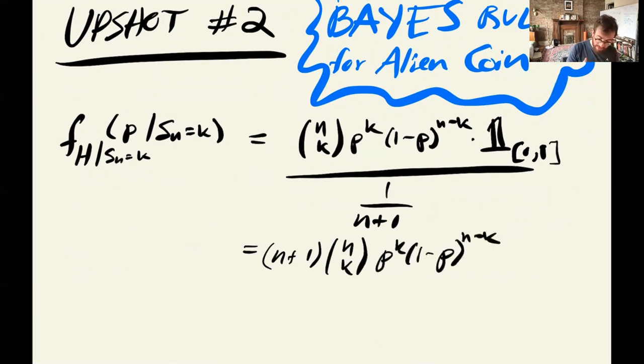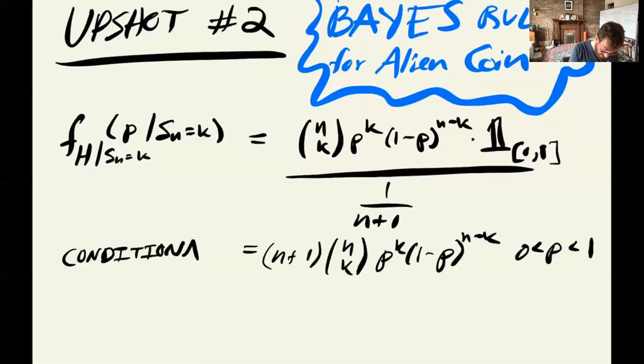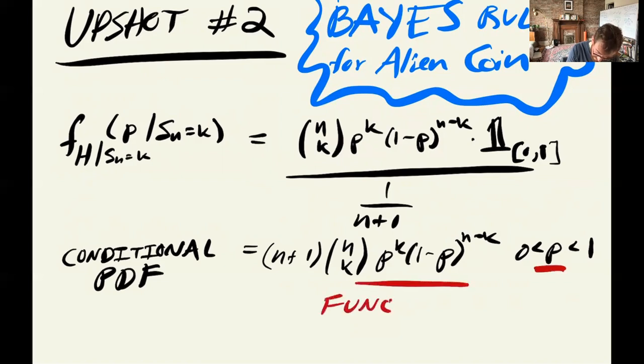And we can drop this p, but just say that p is between 0 and 1. It's our conditional PDF. The important thing here is that this is a function of p.